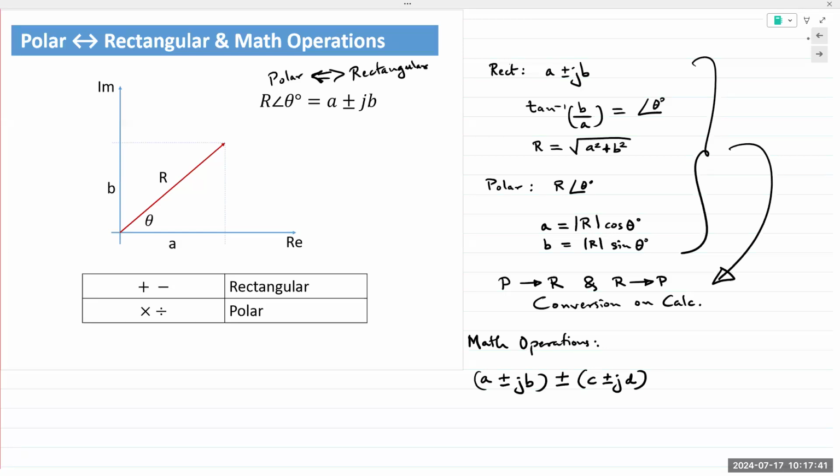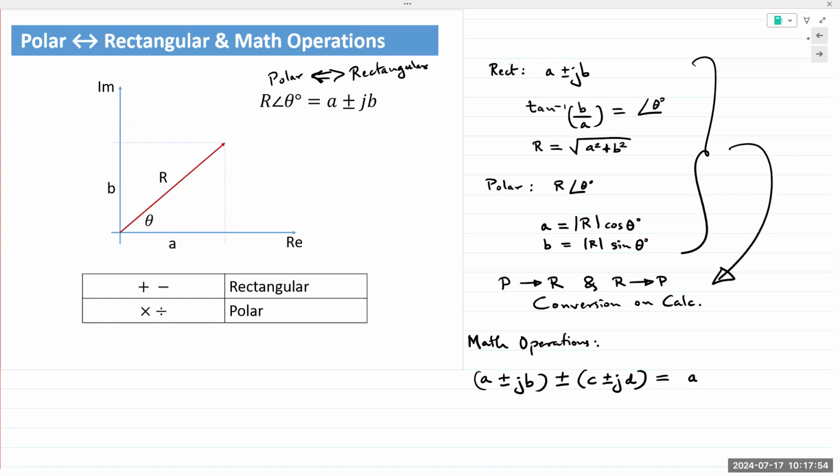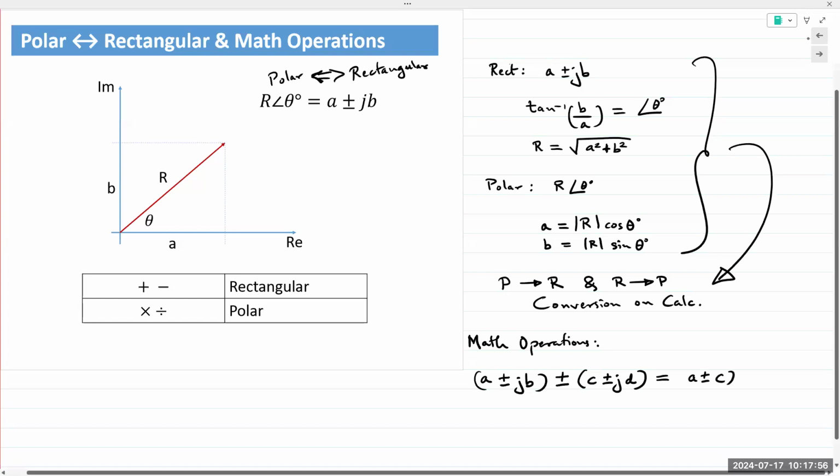And again, that's why we have prereqs for the classes. Hopefully students have learned about this in the prereq math classes. But anyway, to add or subtract two imaginary numbers, you would simply take the real portion of the numbers and add or subtract them together.